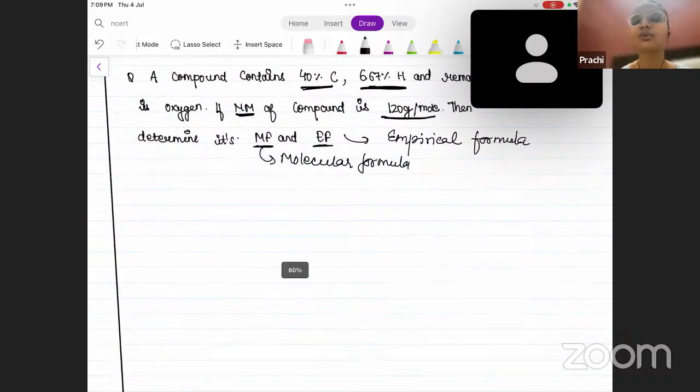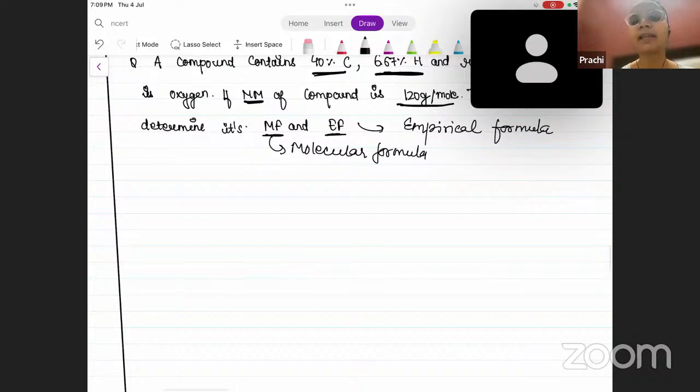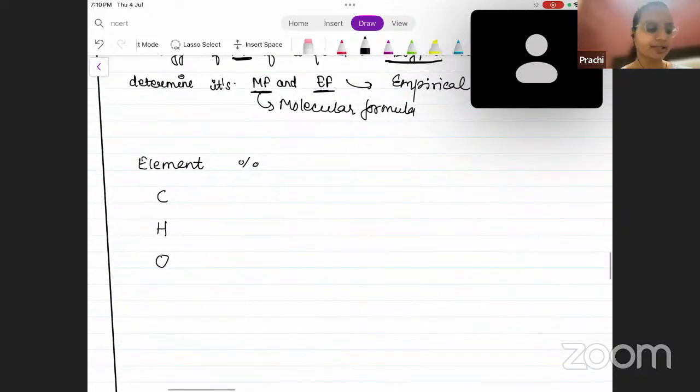First of all, you have to make a table and write the elements and then their percentages. Here the elements are carbon, hydrogen, and oxygen. The percentage of carbon is 40, and the percentage of hydrogen is 6.67.